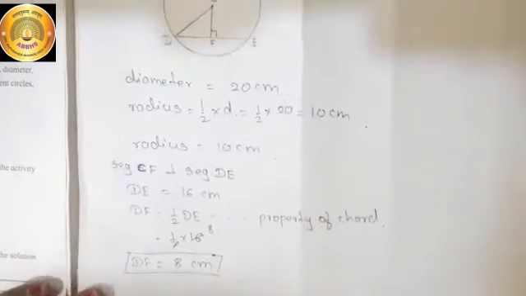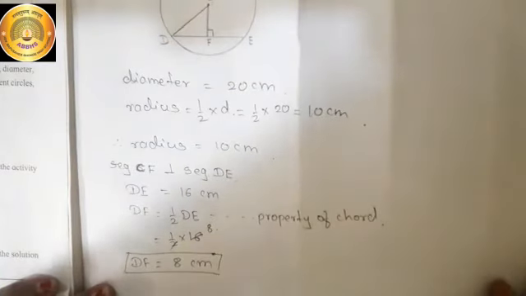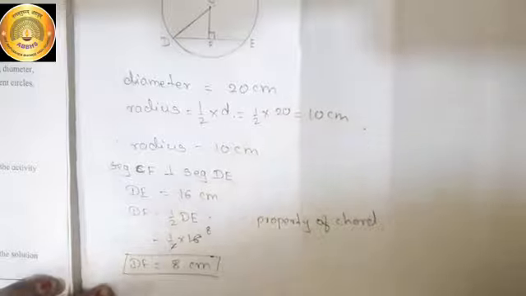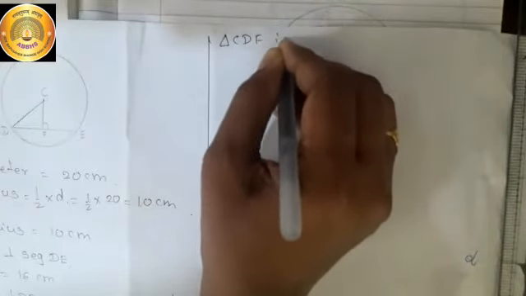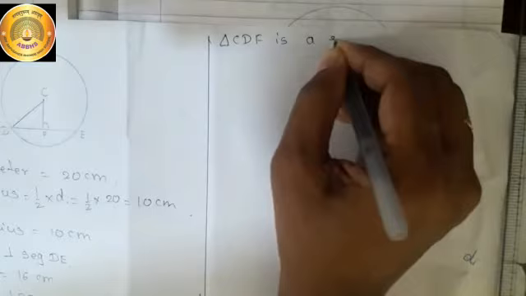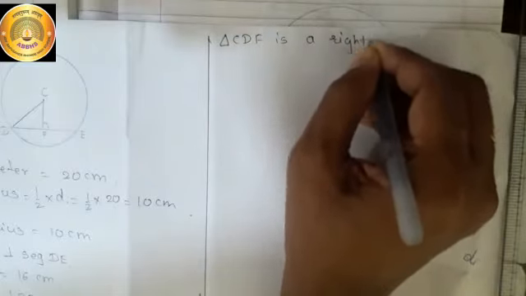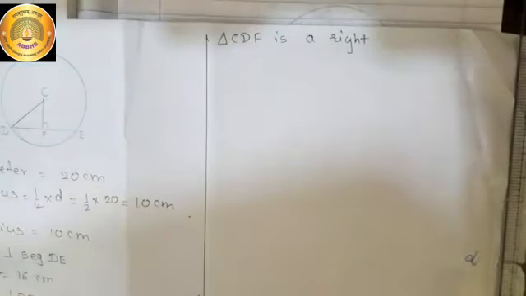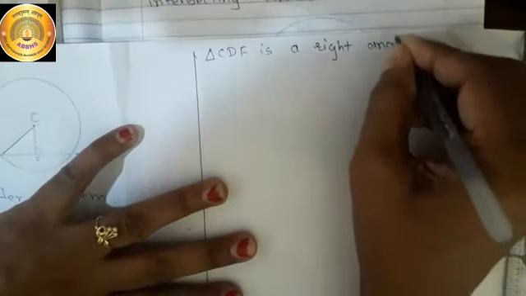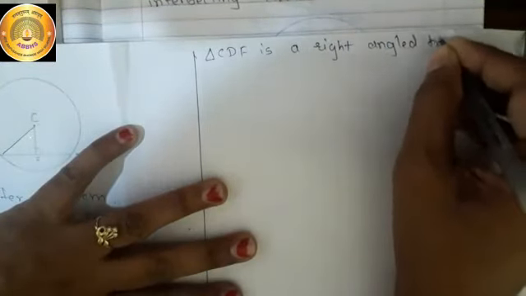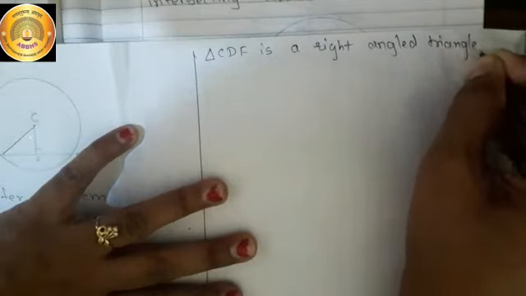Now they said to find CF. To find CF, we'll take the help of the Pythagoras theorem. Triangle CDF is a right angled triangle.